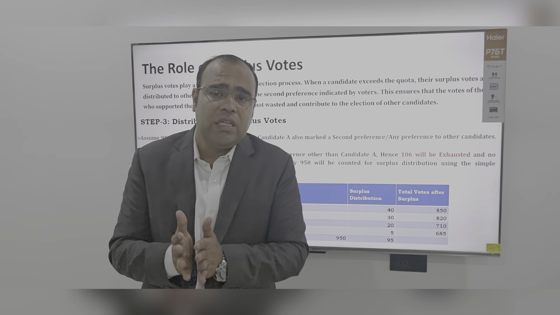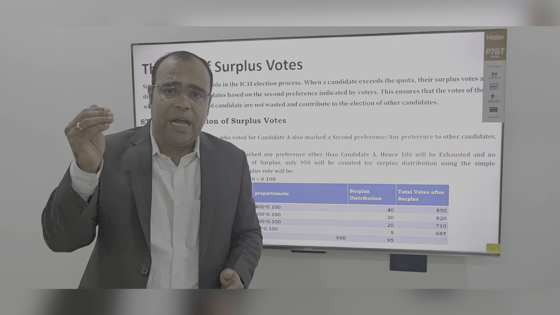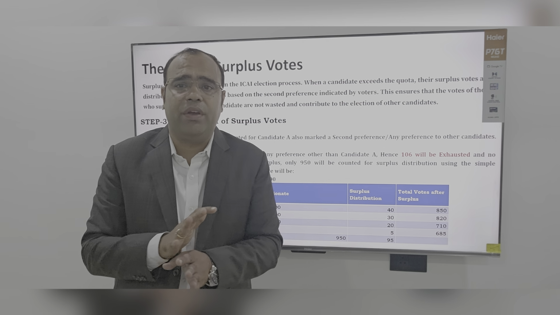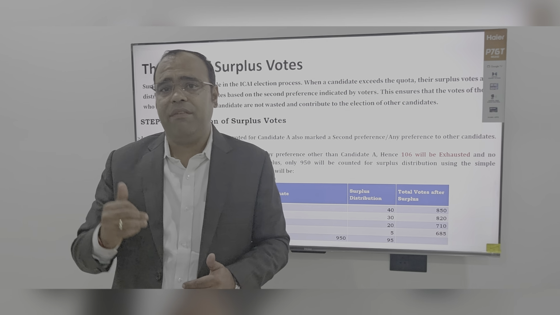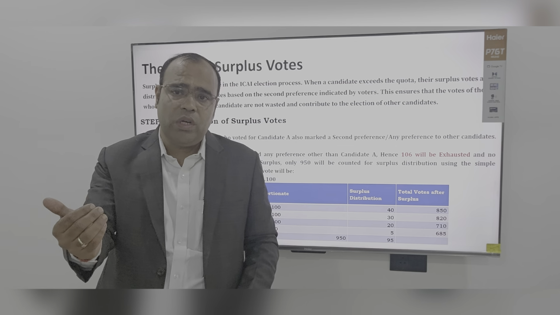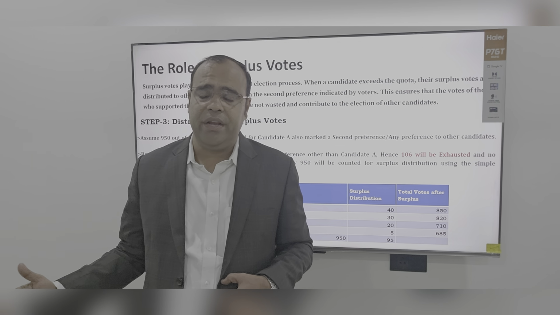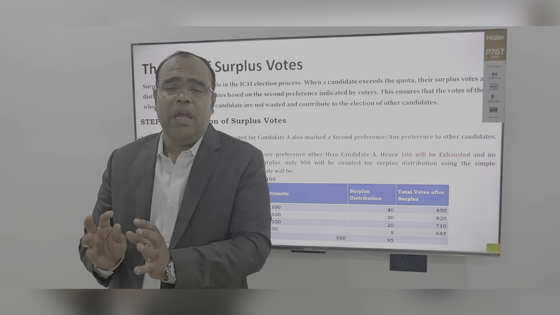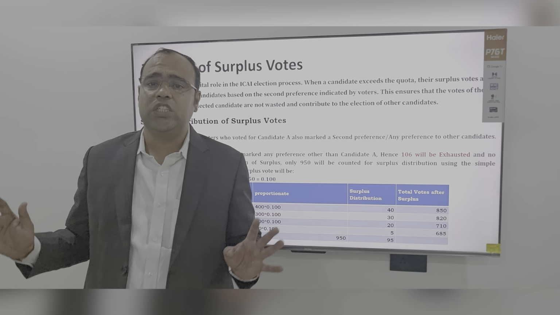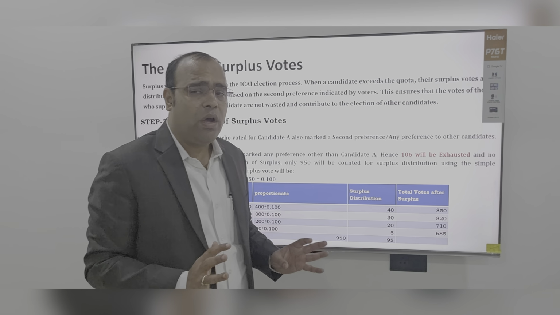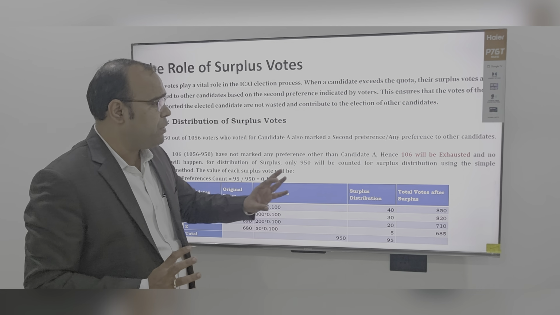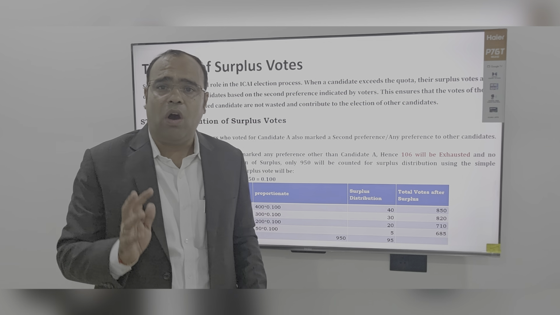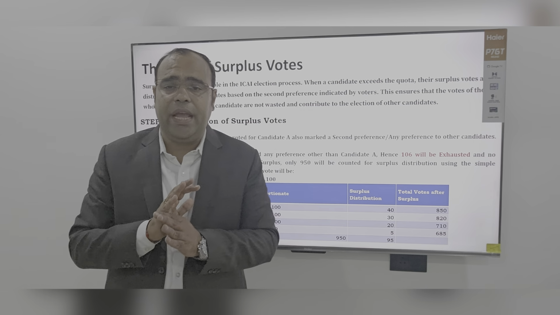Some voters will only mark the name of A and will not give any further preferences. When they have not given any mandate that their vote be transferred to another candidate, those votes will first be taken out and not allowed for distribution of surplus. In our example, we have taken a hypothetical figure that 106 people out of 1056 have not given any preference.